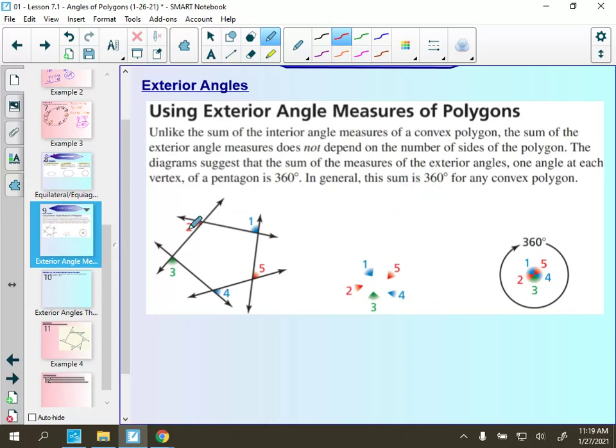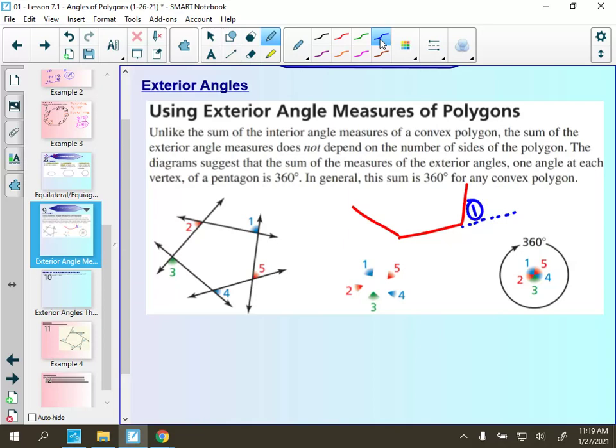I think it's kind of cool with the colors, how it matches up here. You've got to have a little faith. Remember, as a review, exterior angles form a linear pair with the interior angles. We did something in class as a quick review: if this is a polygon, my exterior angles would be forming a linear pair.